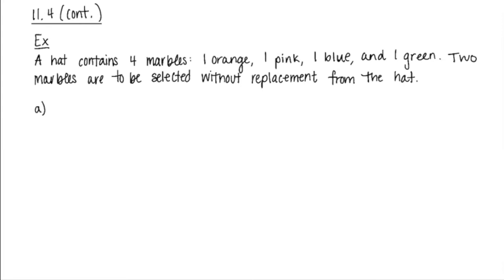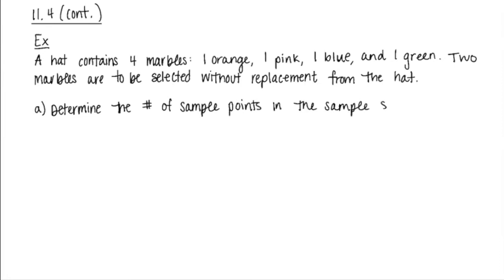First thing we're going to do is determine the number of sample points in the sample space. So I don't know if you've caught up on Monday or Tuesday, cool, if you haven't. Think about this first draw. How many possible outcomes do I have when I pick this first marble? We have 4. So the first event has 4 possibilities.